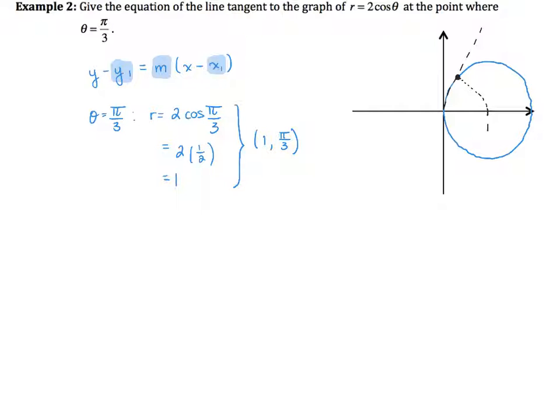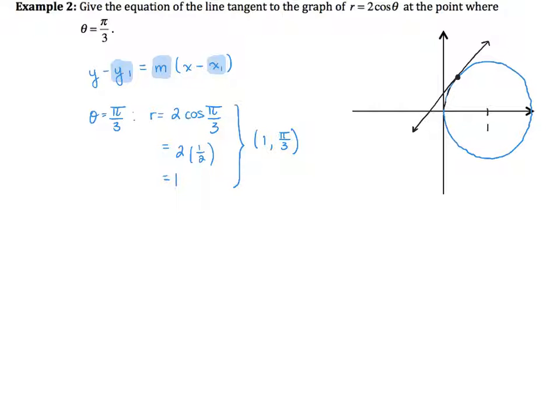Now if we want to draw the tangent line there, the line tangent to that point would be something to this tune. So we are looking for a line with a positive slope. The way you go about it is up to you: you could try to get a slope first, or you could try to find your x and y coordinates first. That is very much up to you.